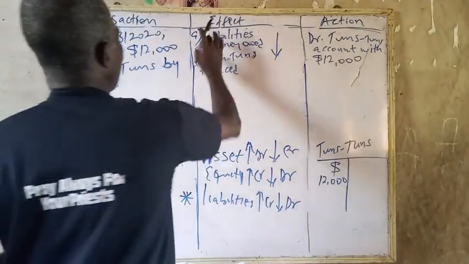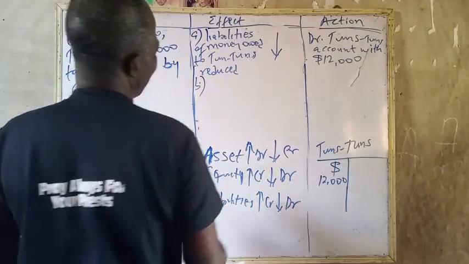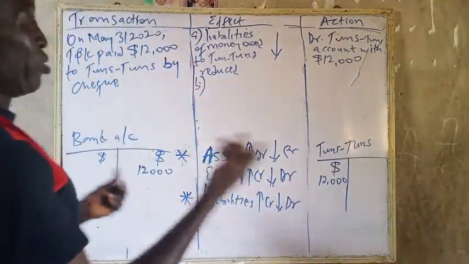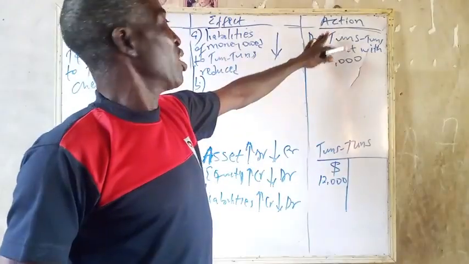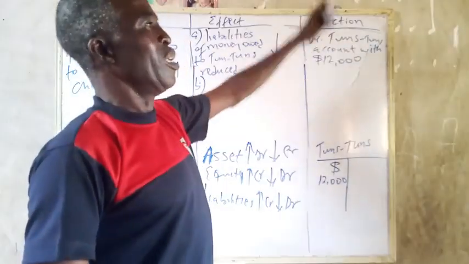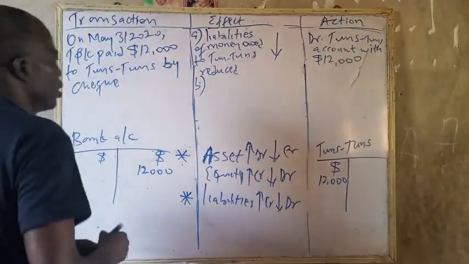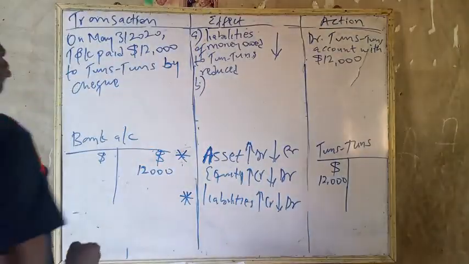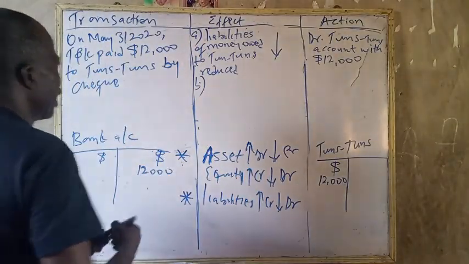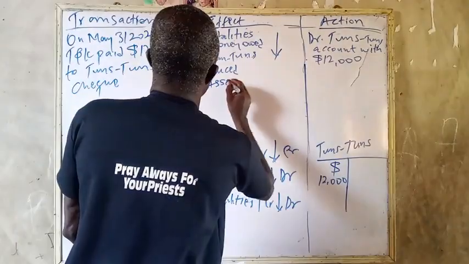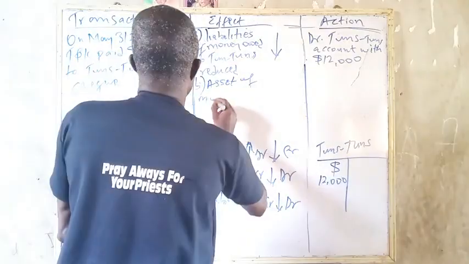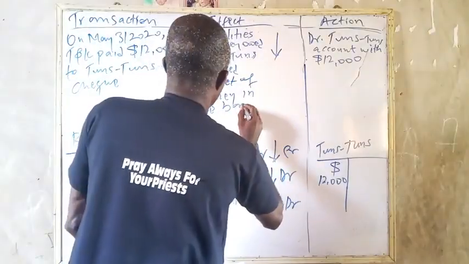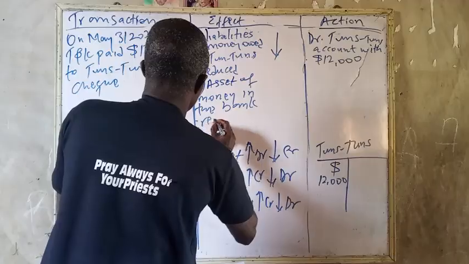Okay. What is the next thing? Effect B. I'm not sure whether I put this figure in the 6th example, but what we just need is debit. What is the action? Debit or credit. Okay. What's the next now? The next is that Toonstones. We have debited Toonstones. Then we credit what? Bank account. That means the asset of money in the bank reduced.